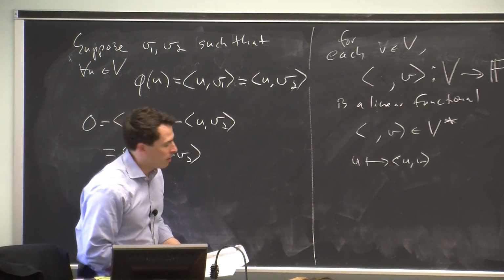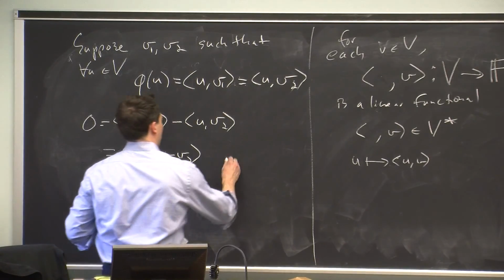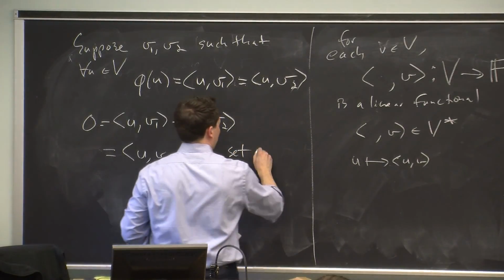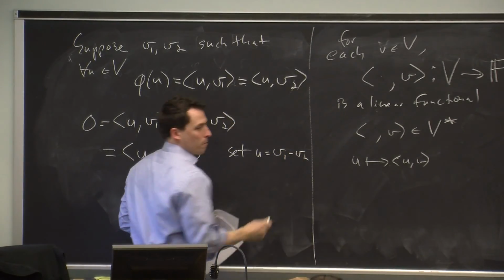But this equality has to hold for every possible u. So I'm allowed to choose u to be itself v1 minus v2.